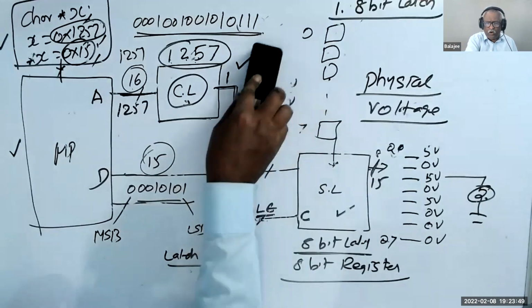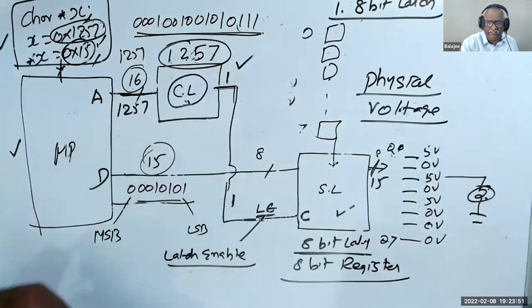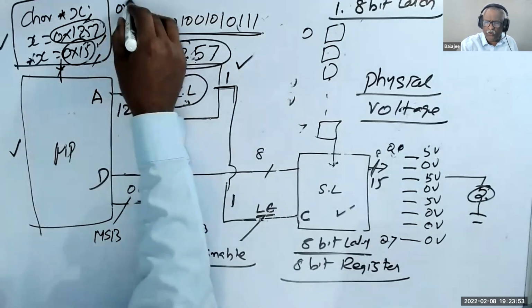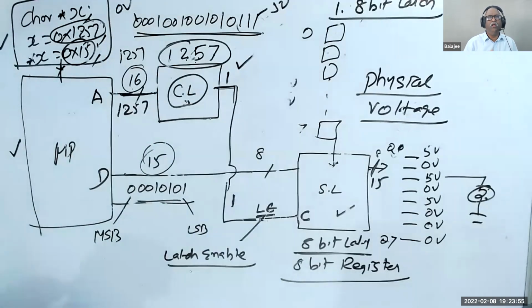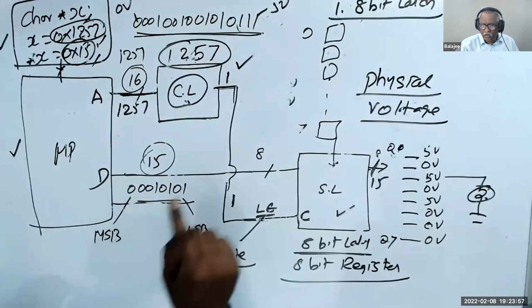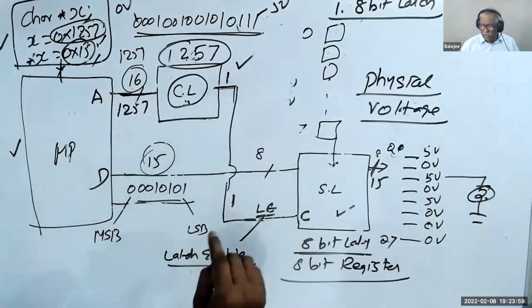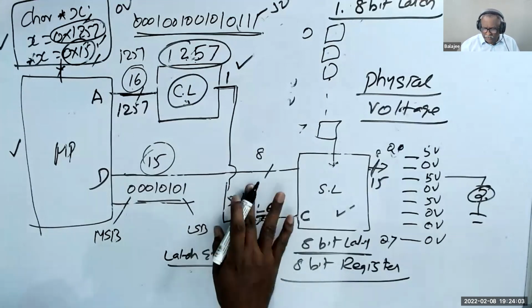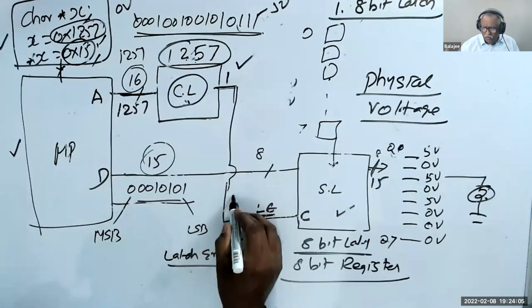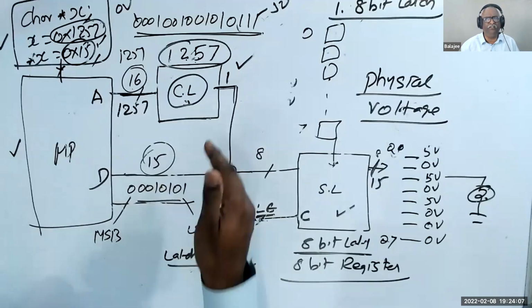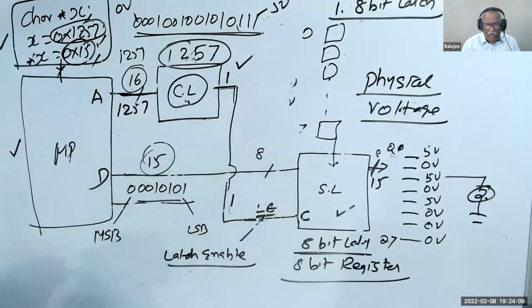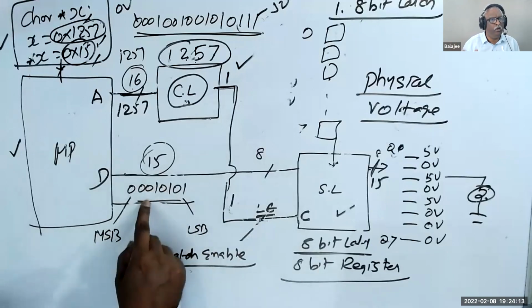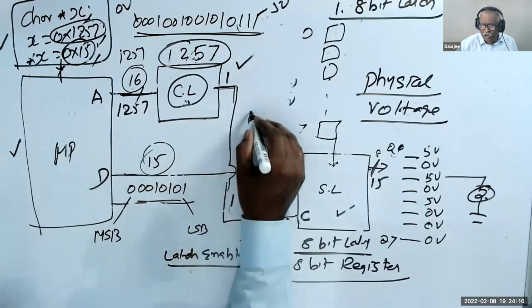So when I write 1257 here, this is 0 volt, this is 5 volt. Please understand, when I put a wire, if I write 1, that is not 1, that is 5 volt. We just write 1 to represent it. So there is no 1 and 0. In the digital world, there is nothing called 1 and 0. All of them are only 0 volt and 5 volt.